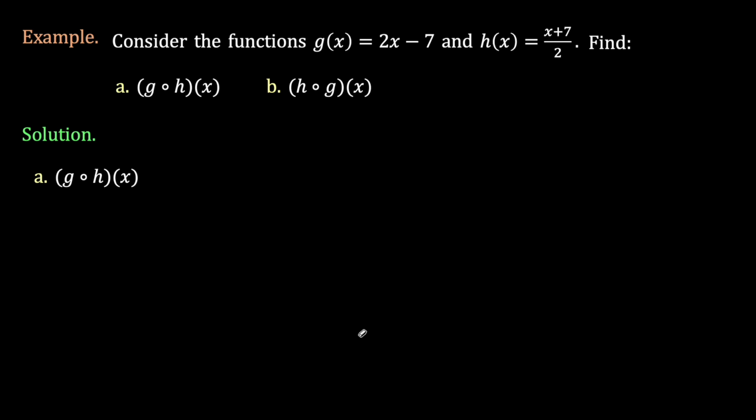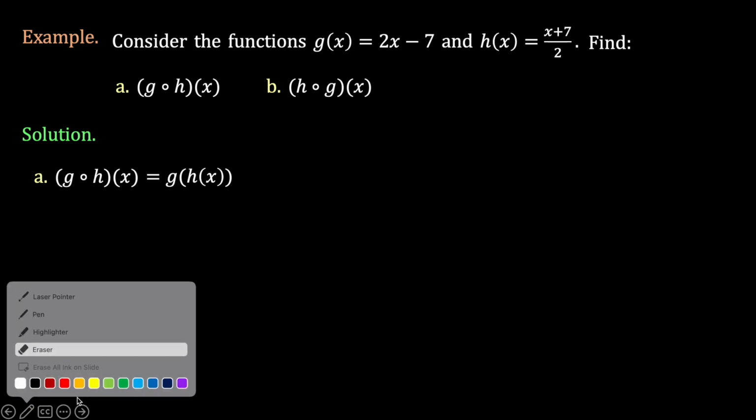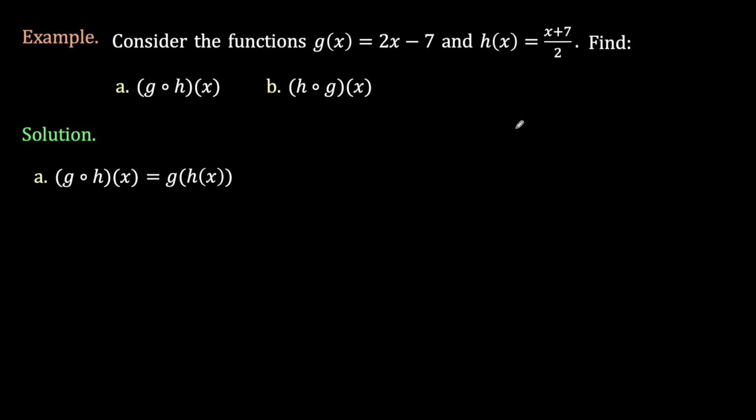Let us start with letter A. g circle h of x. From the definition, we have g of h of x. Now, observe that h of x is x plus 7 all over 2. So, this part will be replaced by the quantity x plus 7 all over 2.